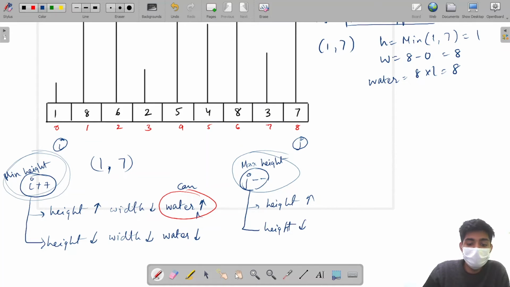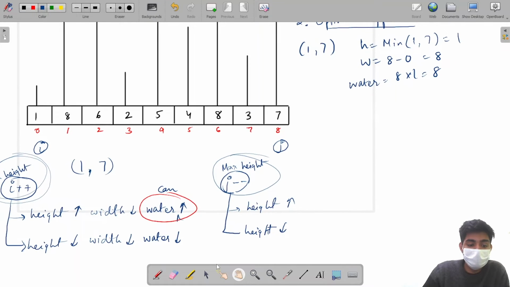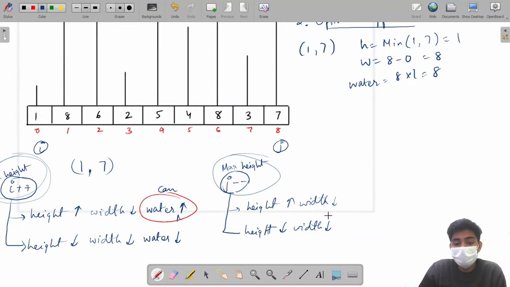If my height increases, then my width will also decrease, right? This will happen regardless. Width will decrease. But if my height decreases and my width decreases, my water will also decrease. Here, my water will also decrease. Now, why is that?